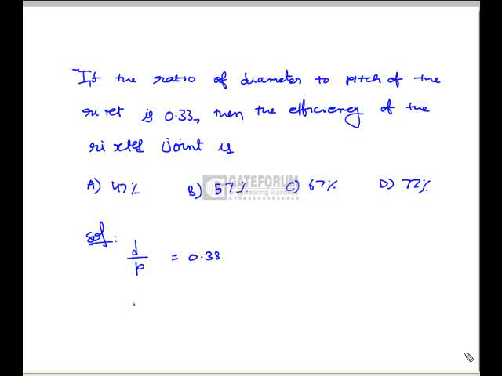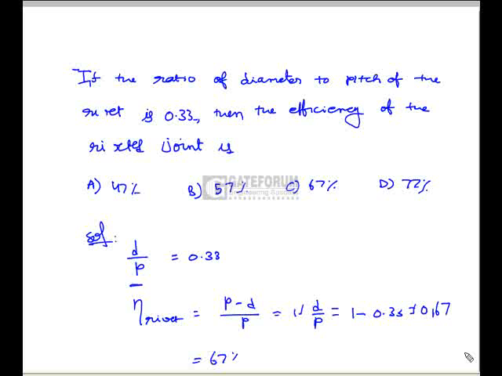The efficiency of the riveted joint is given by (P minus D) by P. So we can write it as 1 minus D by P, and we have the ratio D by P, so it is equal to 1 minus 0.33, that is 0.67.